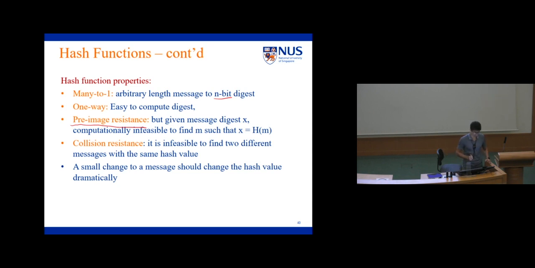This is also known as pre-image resistance. And collision resistance is that you cannot find two different messages with the same hash value. Another property is that if you change the message even a little bit, let's say I add one letter to my message, the digest changes completely. Okay? So this is just a very fast overview. Let me go through it in detail here.